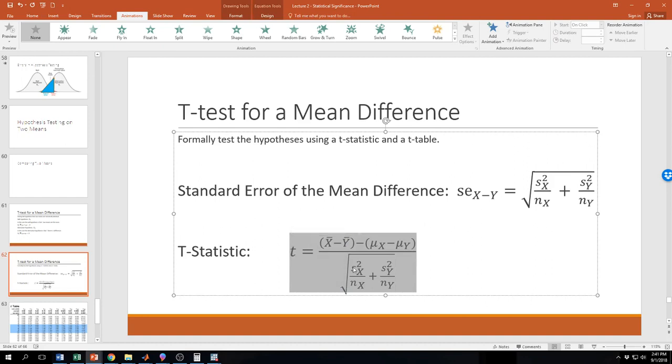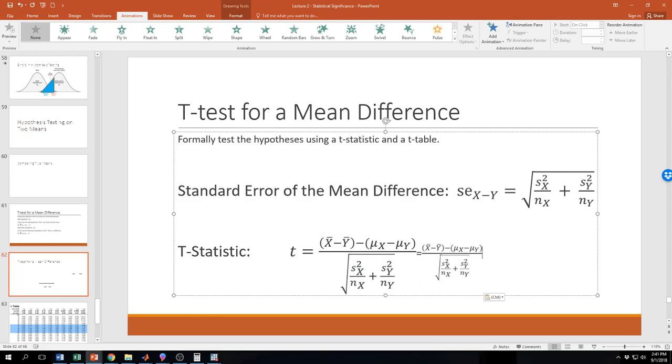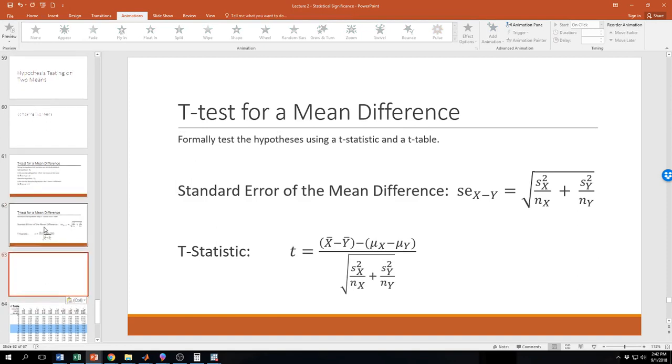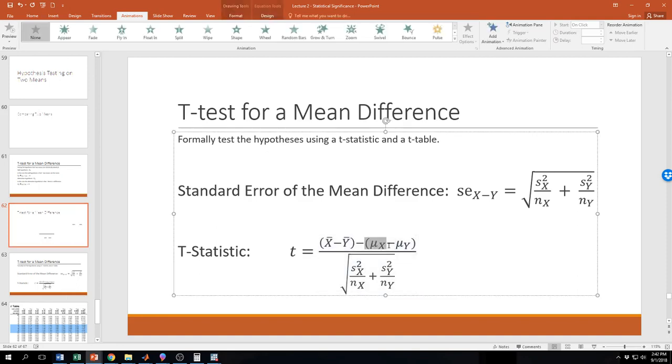I wasn't totally wrong, but I just want to illustrate this. We know that our null hypothesis, I don't know why this is a different size. I'm just going to illustrate this live here. This is our null hypothesis.